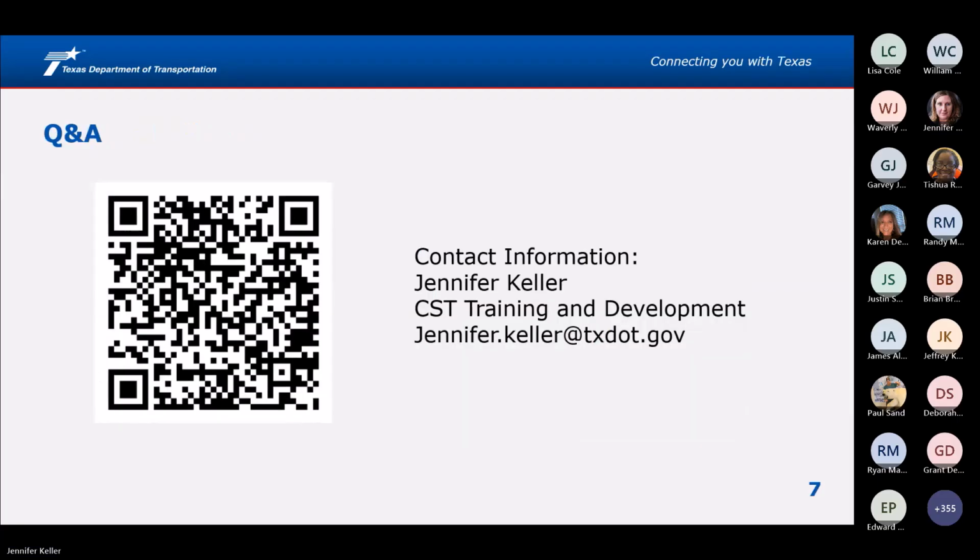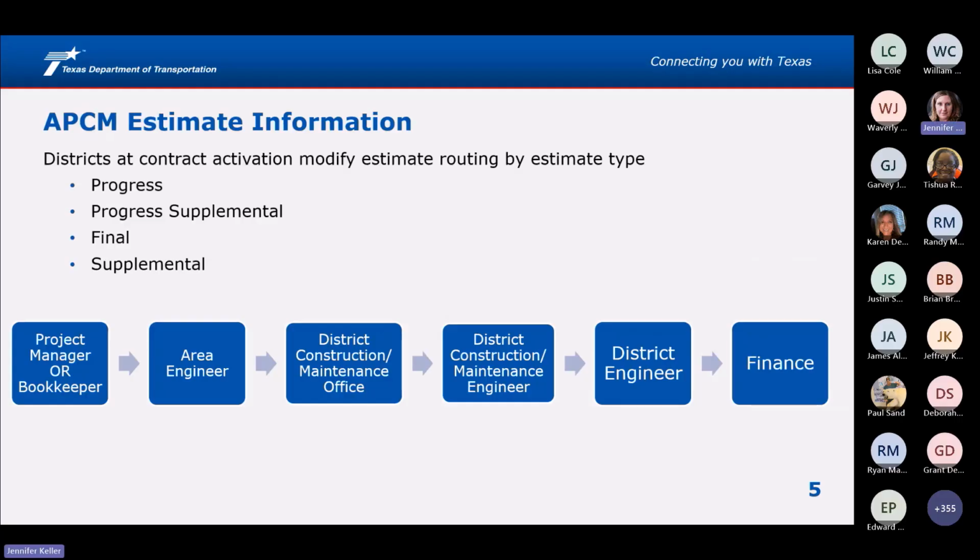Oops, jumped ahead there a little bit. So let's talk about some general APCM estimate information, right? There's not a lot that will change from our existing process in Site Manager to what we will be doing within APCM.